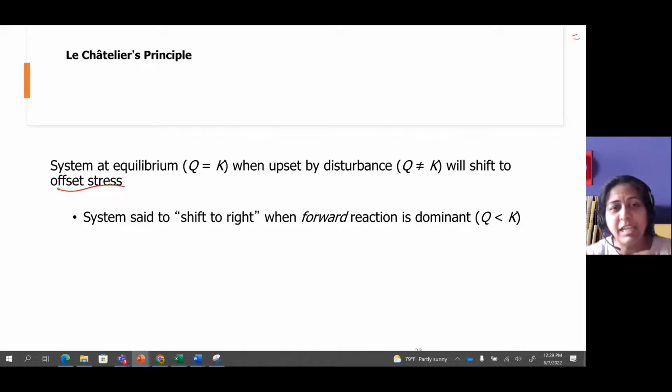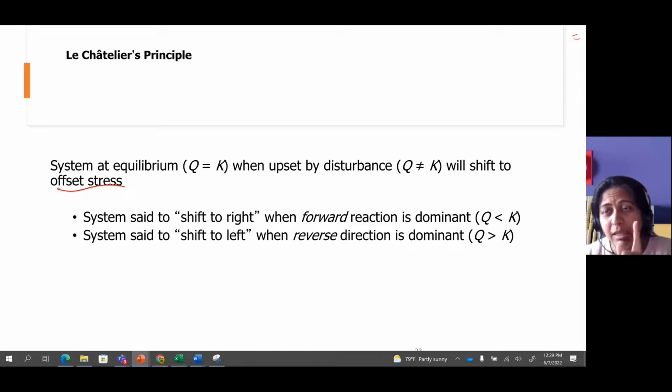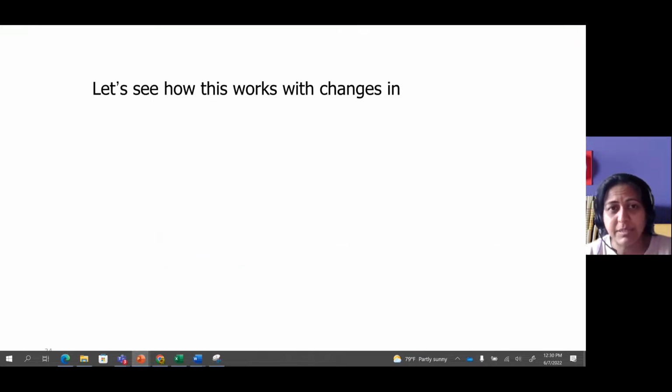The equilibrium will shift to the right when Q gets less than K, or the system will shift to the left, the reverse direction, when Q gets greater than K. Let's see how we can apply Le Chatelier's principle on different systems.